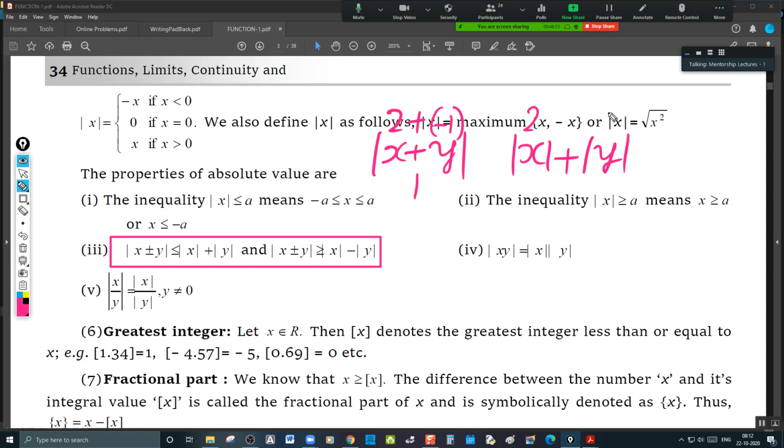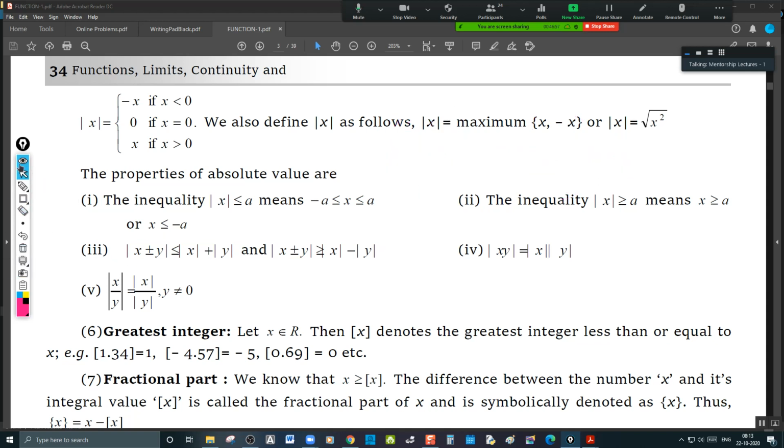What is modulus of minus 1? 1. What is 2 plus 1? 3. Which is greater? 1 is lesser, 3 is greater, and hence you have to write like this. Everything can be written like this using some real number system. So you need not have to separately by heart it.